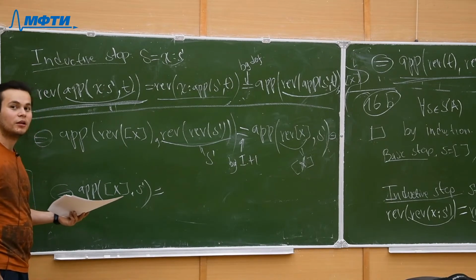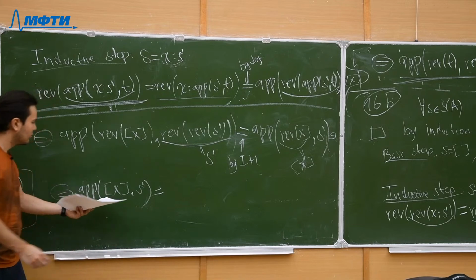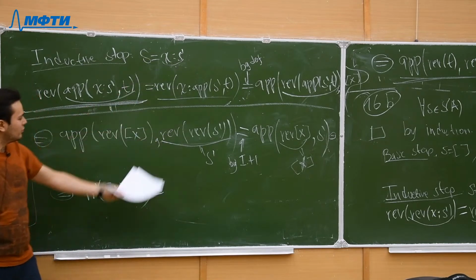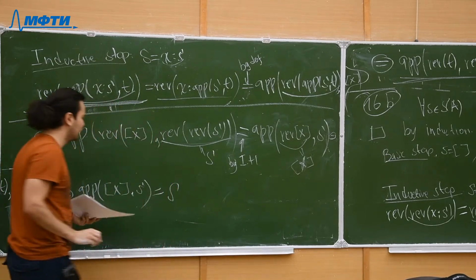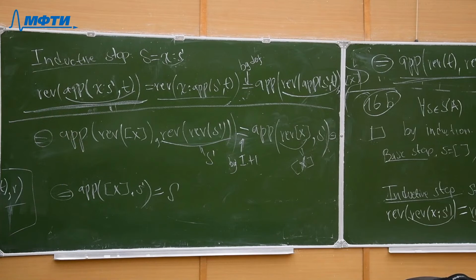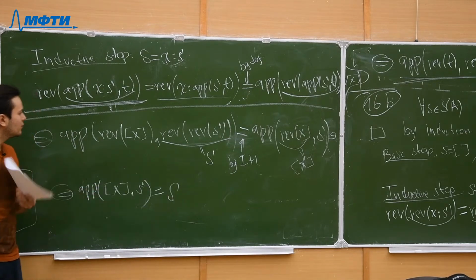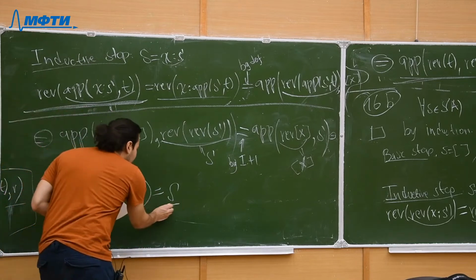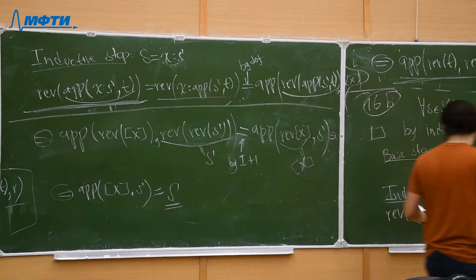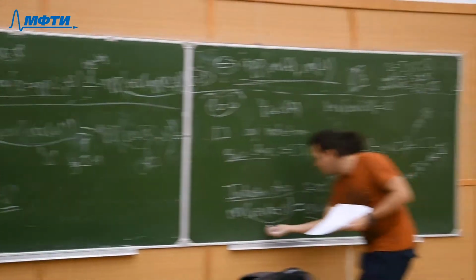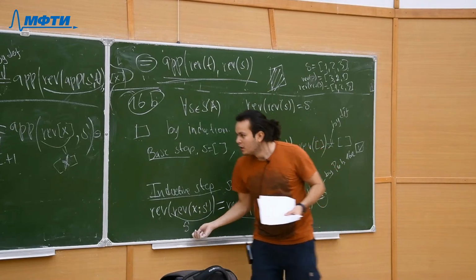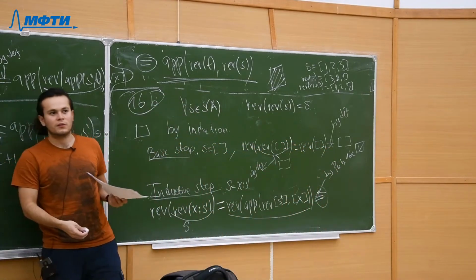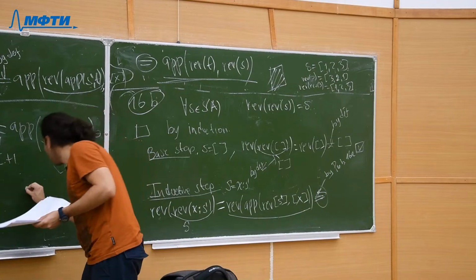Yeah, so this is s, because x and s prime, so s. And that's it. So we obtain that for s, the reverse of s is equal to s. And then the proof is finished.